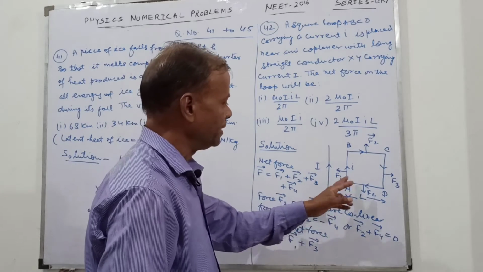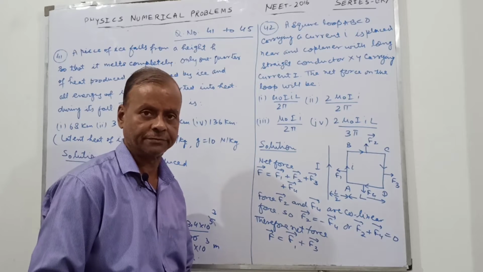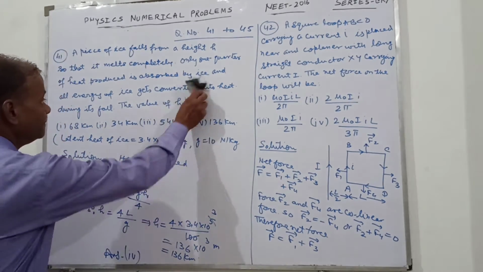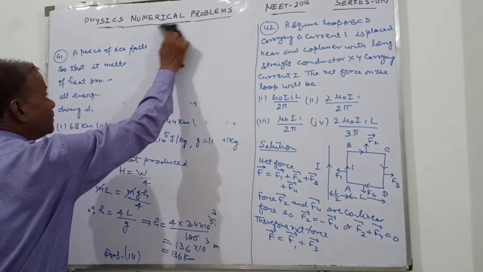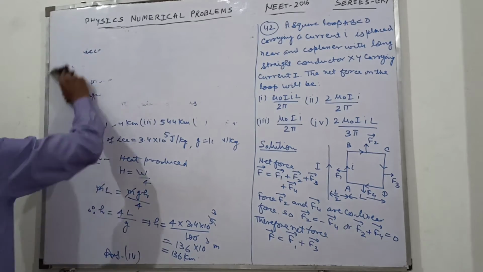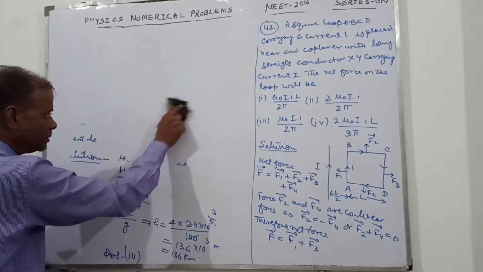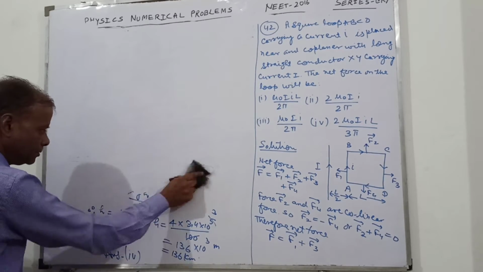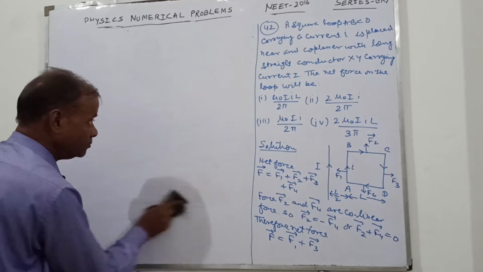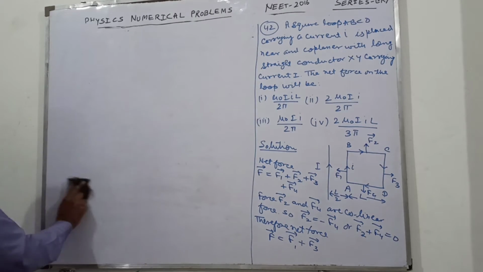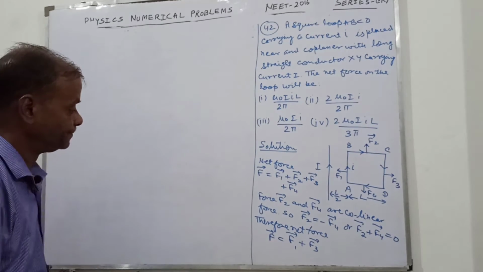Now you can see that F1 and F3 both are in opposite directions, so there will be the difference of these two forces. So now we have to calculate the force F1.